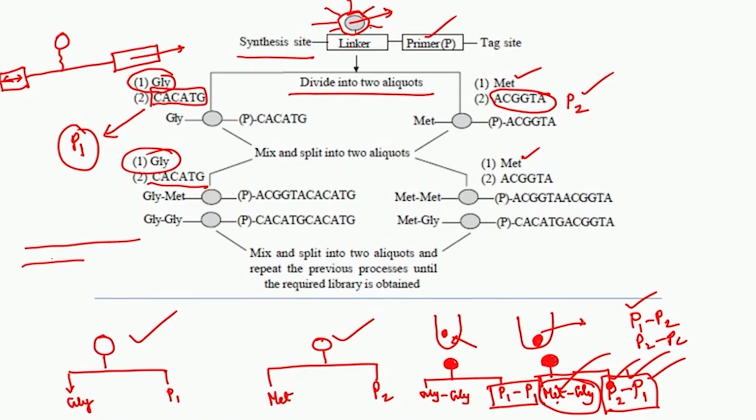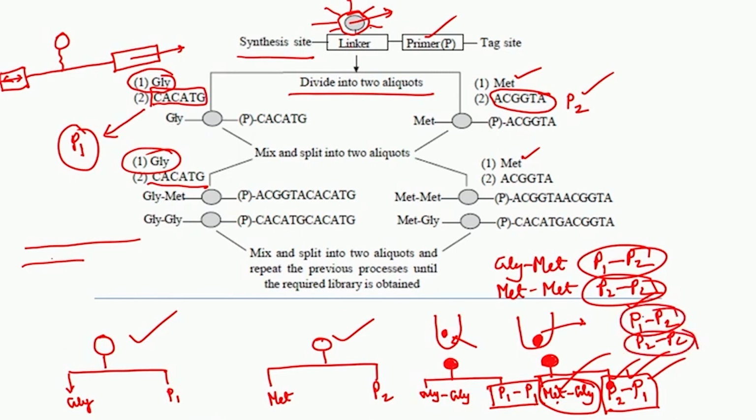So, whenever there is glycine methionine, the tagging sequence will be P1 P2, and whenever it is methionine methionine, the tagging sequence will be P2 P2. So, you can get 4 different tagging sequences attached to the bead, and from the tagging sequence you can tell what the peptide sequence is in the desired compound. Okay.